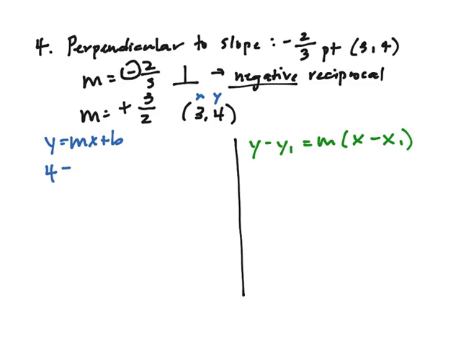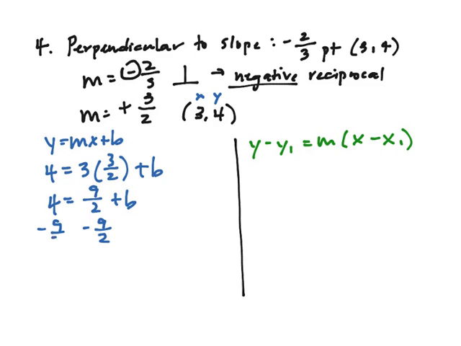I have 4 equals 3 times 3/2 plus b. So it becomes 4 equals 9/2 plus b. I'm going to subtract 9/2 from both sides. If I write that laterally, it'll be 4 minus 9/2 equals b. And now I need to make 4 into an improper fraction.